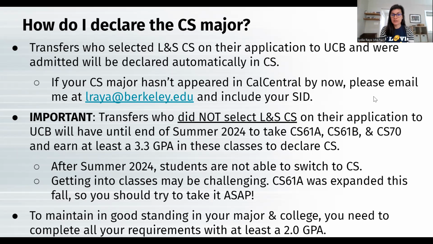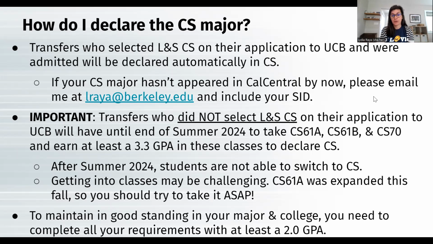So as long as you put computer science on your application to UC Berkeley and you are admitted to UC Berkeley, you should have already been declared as computer science in Cal Central. But again, if you don't see that yet, and that is your circumstance, then please send me an email so that I can talk to the registrar to fix it for you.